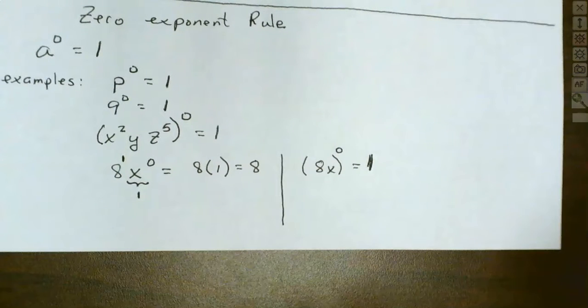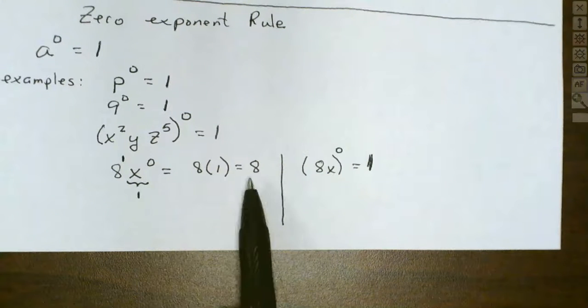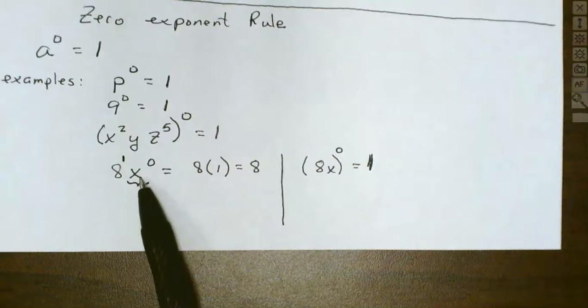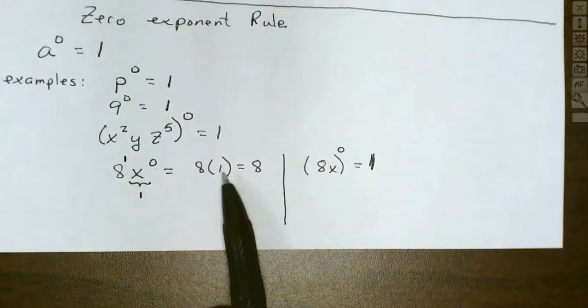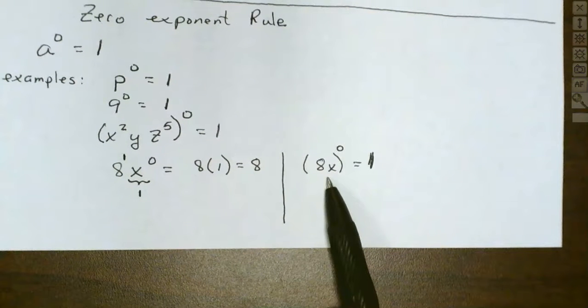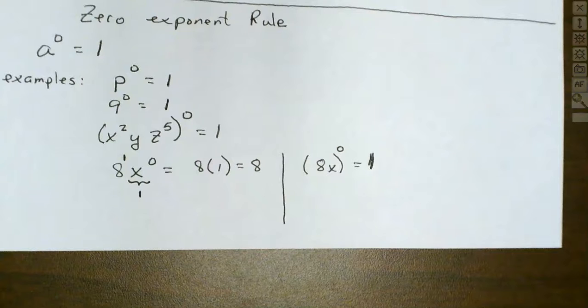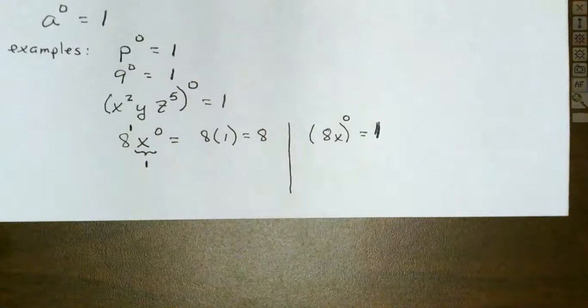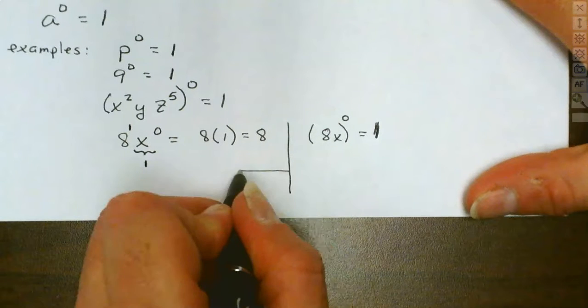The entire part has a parentheses, so the entire part goes to 1. Do you see the differences here? Okay, this one, only the x was raised to the 0 power. So it went to 1, but the 8 stayed with it. This one is a little bit different, because this one has an entire grouping raised to the 0 power, so the entire part is 1. Let's look at one more of these.